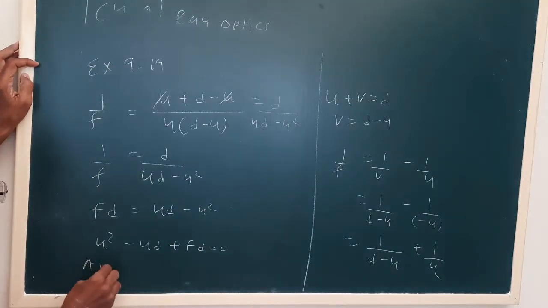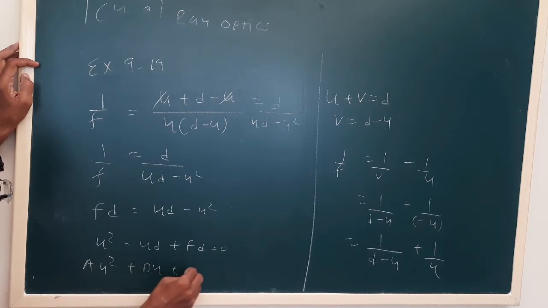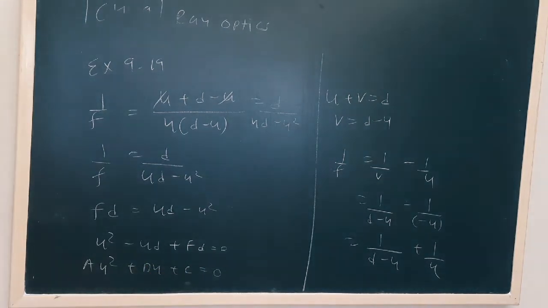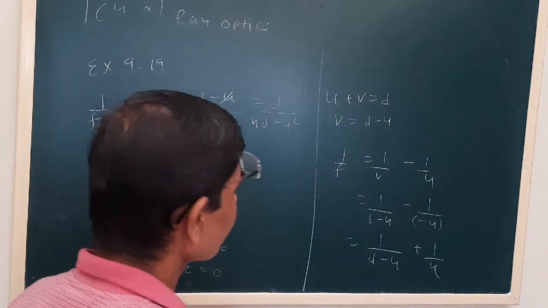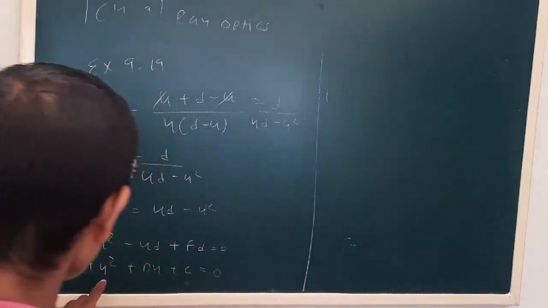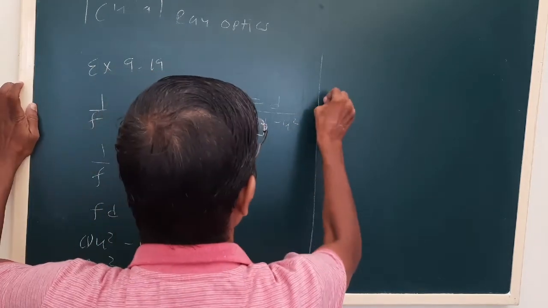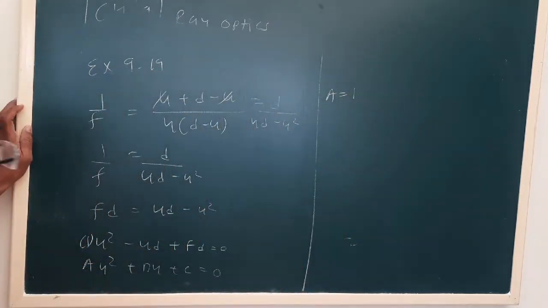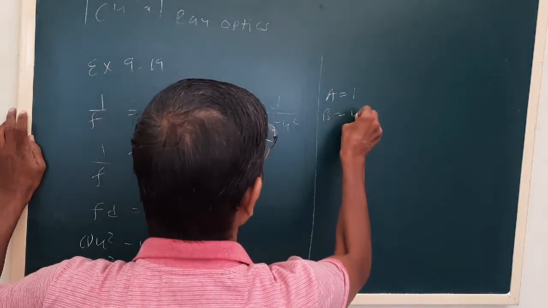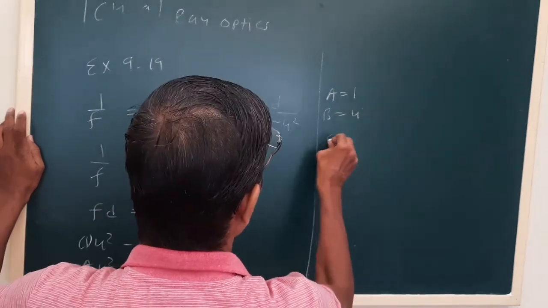Now au square plus bu plus c is 0. The coefficient of u square is a, this is 1, so a is equal to 1, b is equal to minus d, and c is equal to fd.